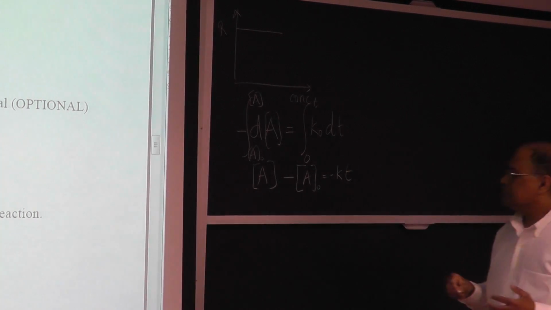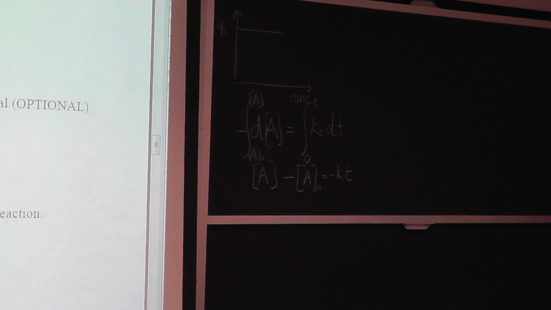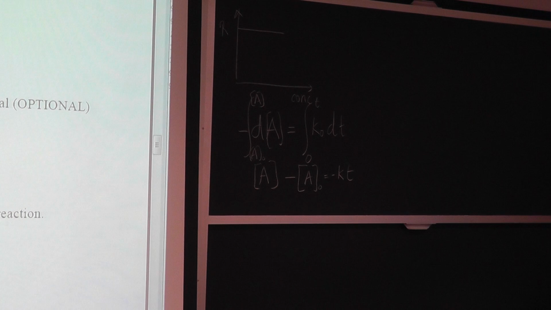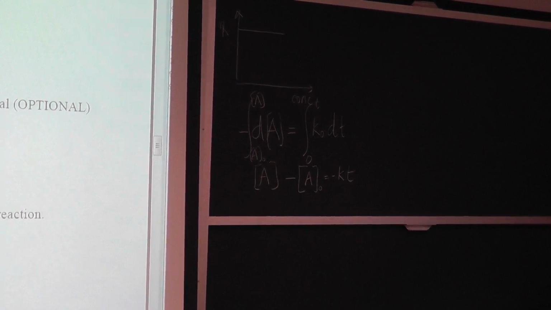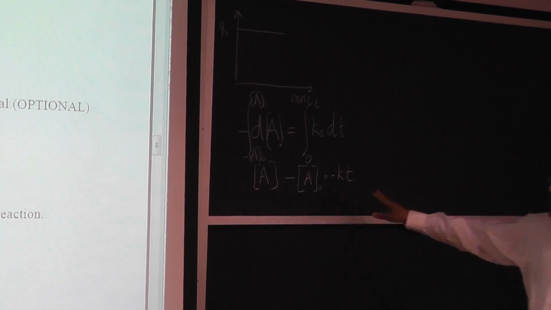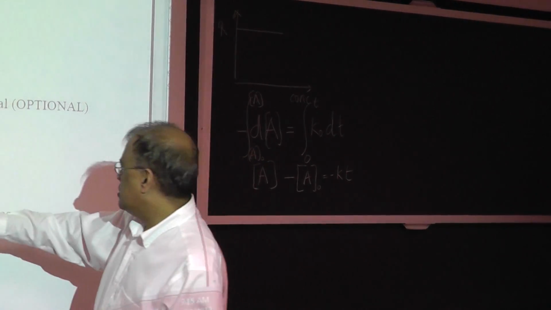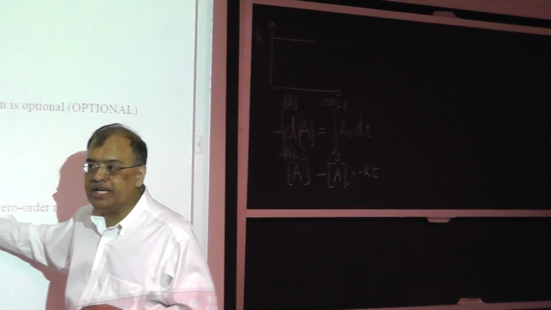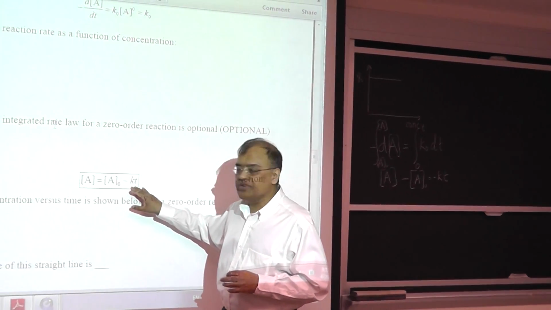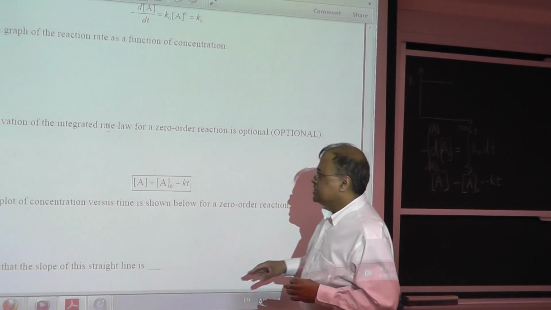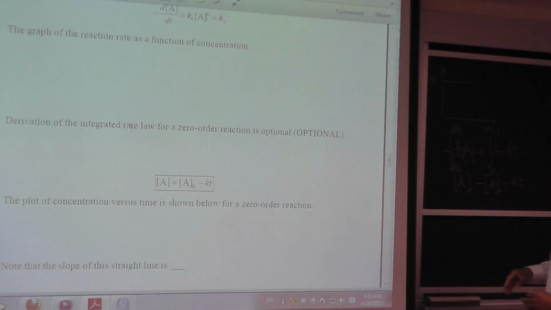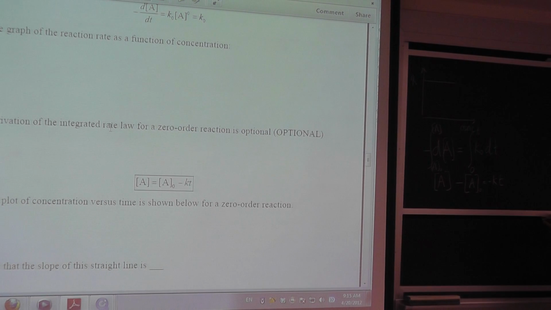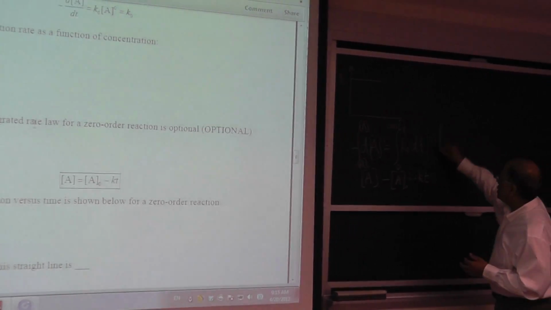This is only for a zeroth order reaction. And if I rewrite that equation, I get this equation. So this is the integrated rate law for a zeroth order reaction. So if I now want to plot the concentration versus time, what will this graph look like?